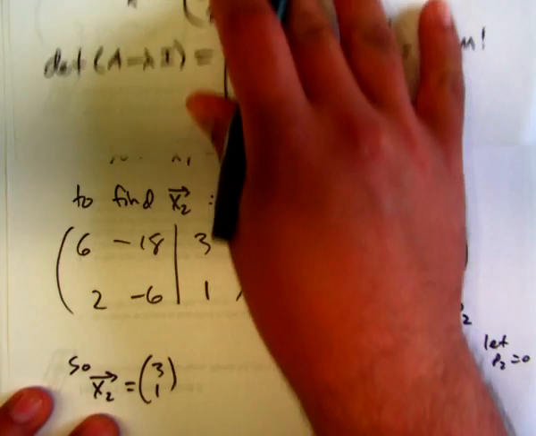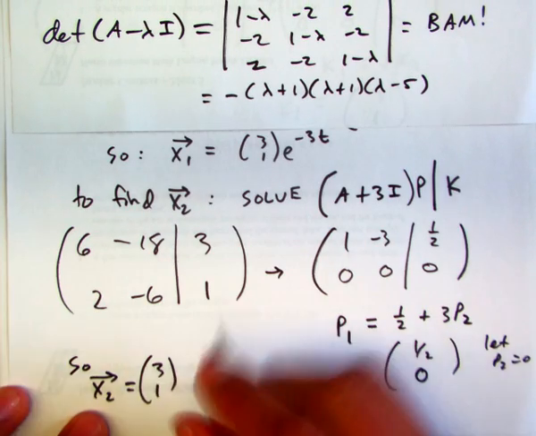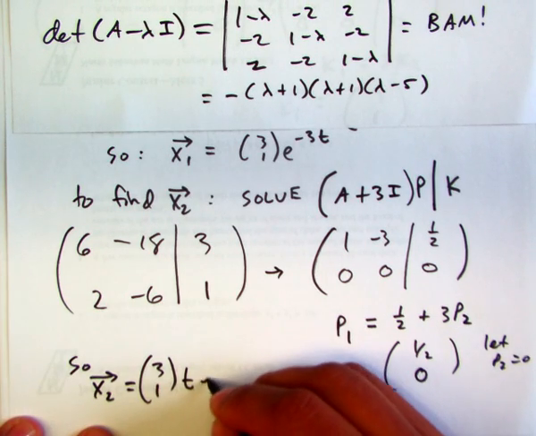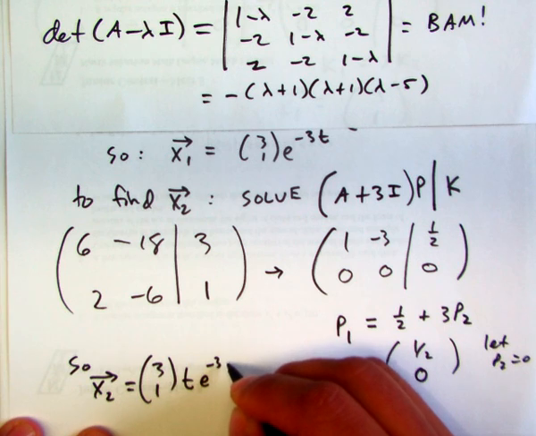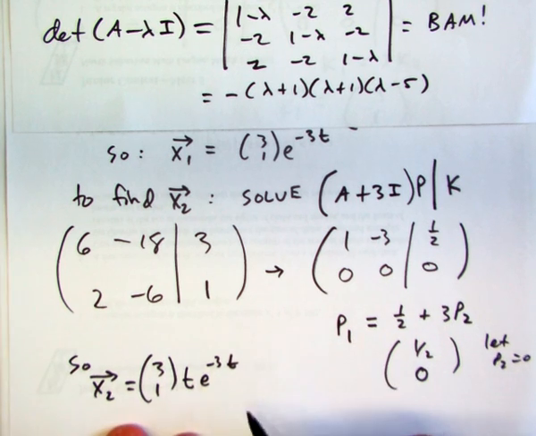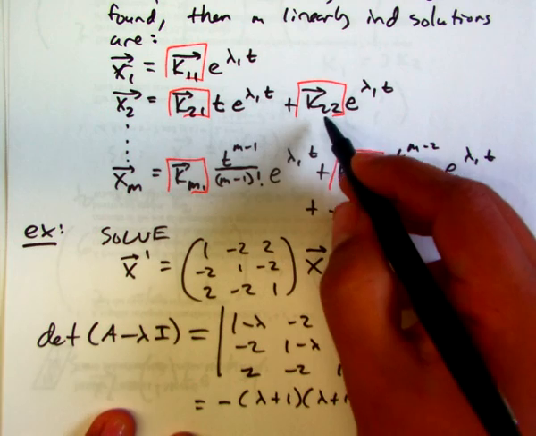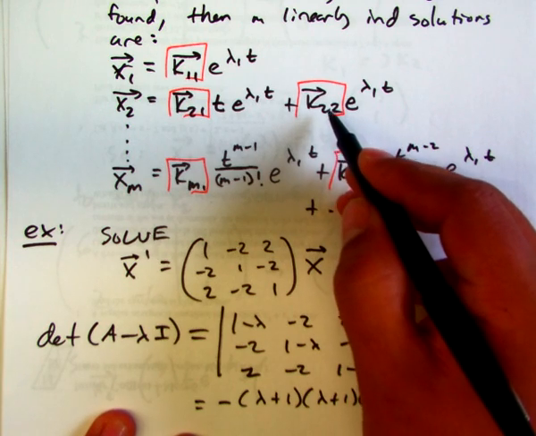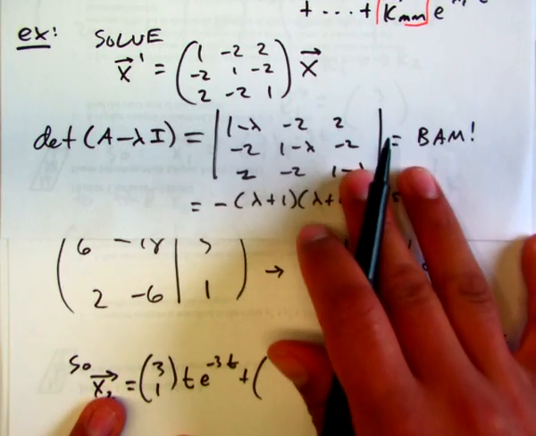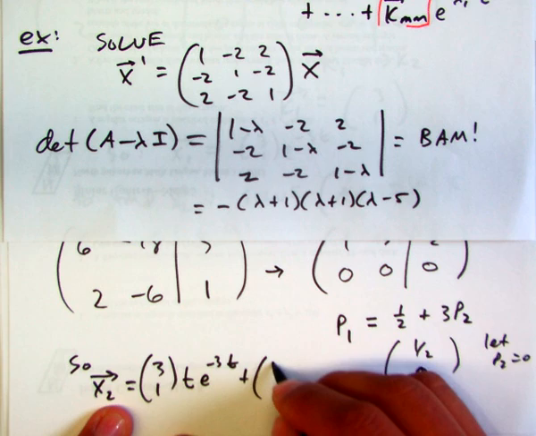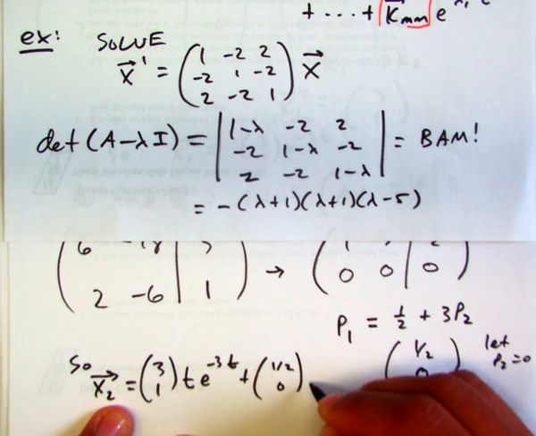So we're going to have 3, 1 t e to the negative 3t plus, and now we use our new eigenvector. This is what the K22 notation means, which is 1/2, 0, and then that's e to the minus 3t.